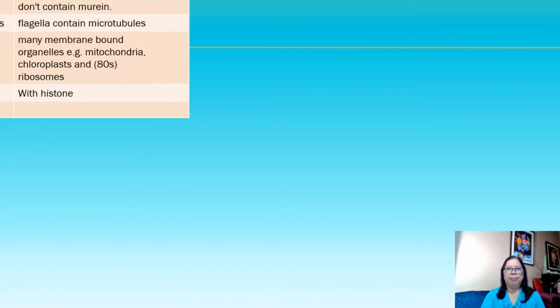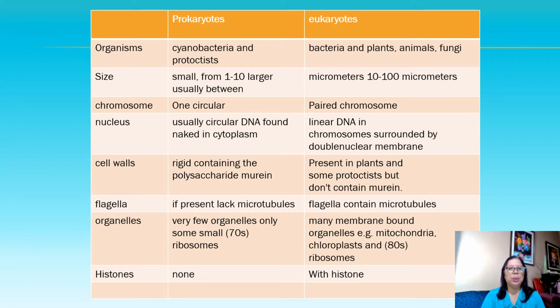And then let us try to differentiate what are prokaryotes and eukaryotes in terms of organism, size, chromosomes, type of nucleus, or what are the nucleic acid present, cell wall, flagella, organelles, and histones. The prokaryotes or the prokaryotic cell versus eukaryotes or the eukaryotic cell.